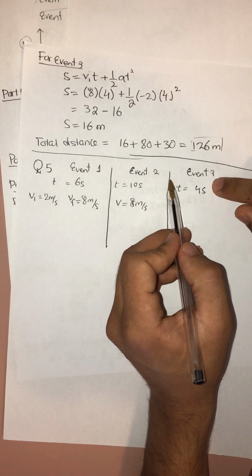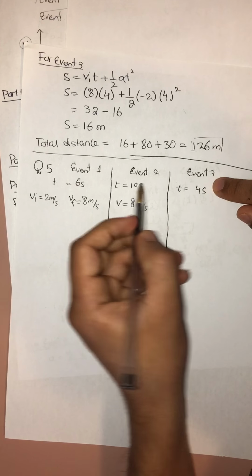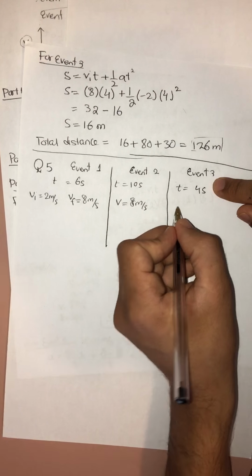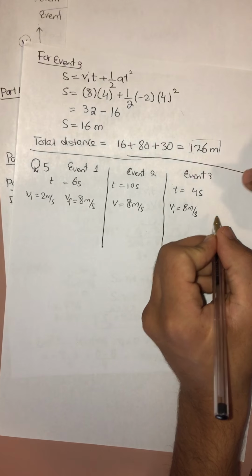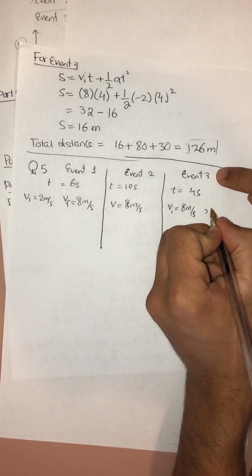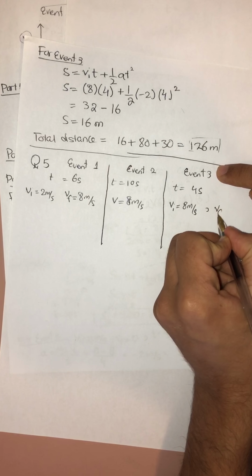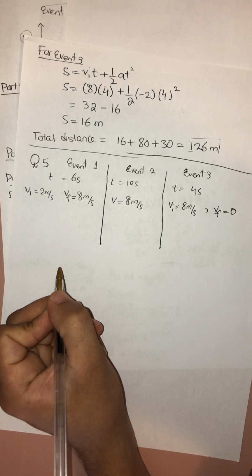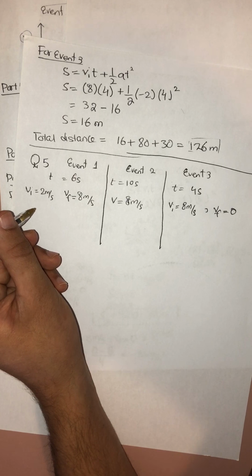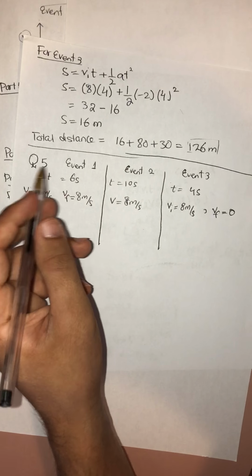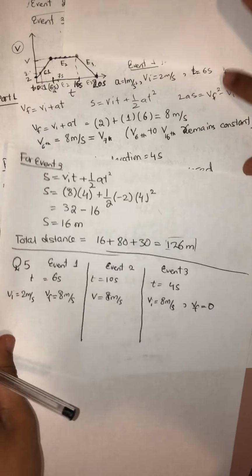The same goes for this part. The initial velocity of event 3 would be the final velocity of event 2. So vi would be 8 meter per second, and we know from event 3 that at the end of event 3 the car goes to rest, so that means vf is 0. We also have calculated the distances for each event.